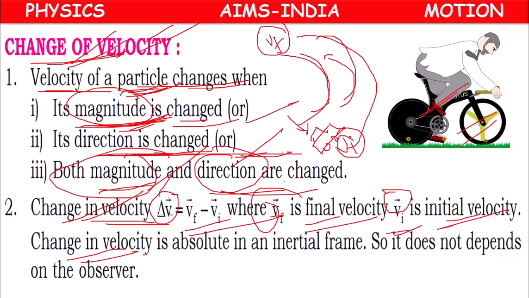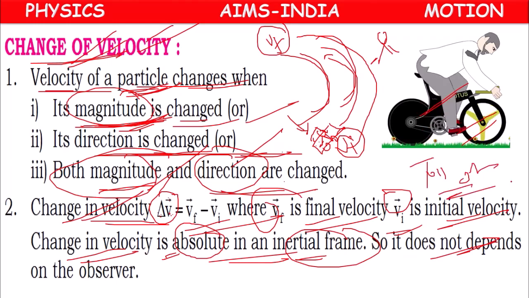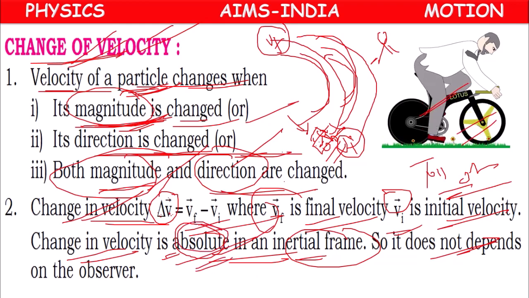So change in velocity is absolute in an inertial frame. Absolute means it never depends on the observer. Suppose one observer is here, or one observer is in the car, or one observer is near the toll gate. We can observe from anywhere, but the change in velocity of the car will be the same for everybody, because it is not a relative term, it's an absolute term, means it is fixed.